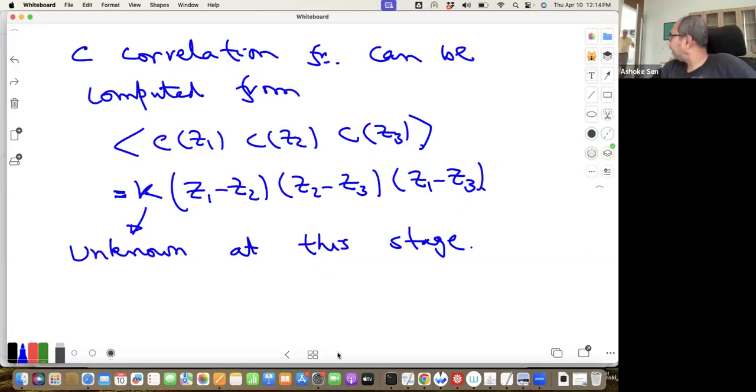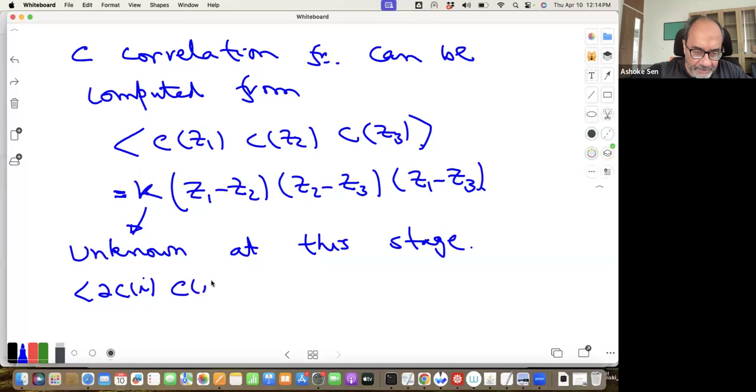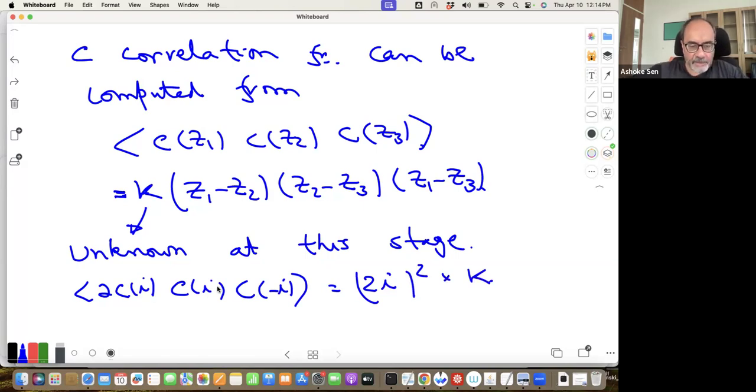We'll get, using this, ∂c(i) c(i) c(−i), basically 2i squared times K, because this OPE in fact has a (z minus w) squared kind of OPE, and similarly for the other one.